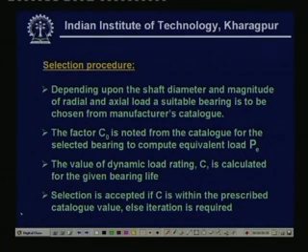Now, you know the amount of radial load and axial load acting onto the bearing. From that, knowing the shaft diameter, you can find from the manufacturer's catalog what the diameter of the bearing should be. Knowing the radial and axial components, you can find out what type of bearing to use, either a ball bearing or a roller bearing.